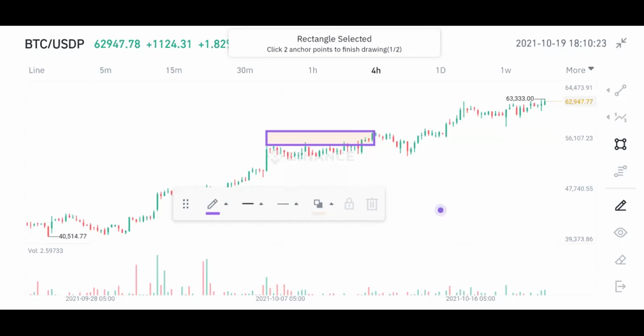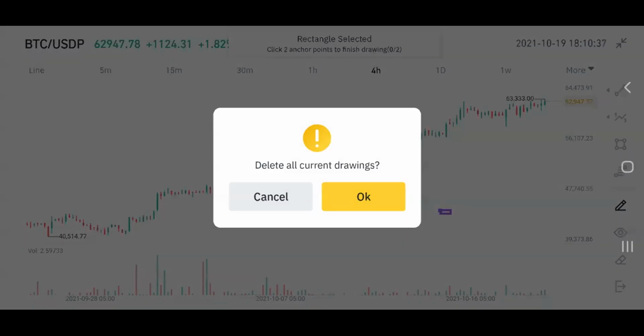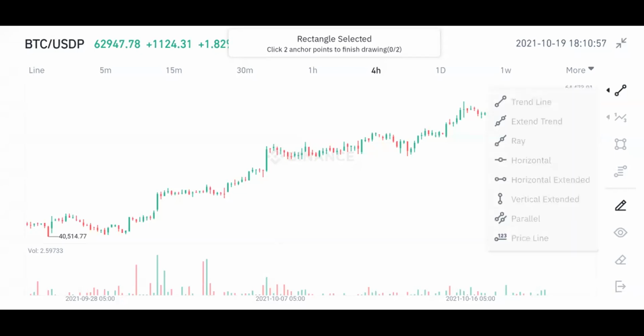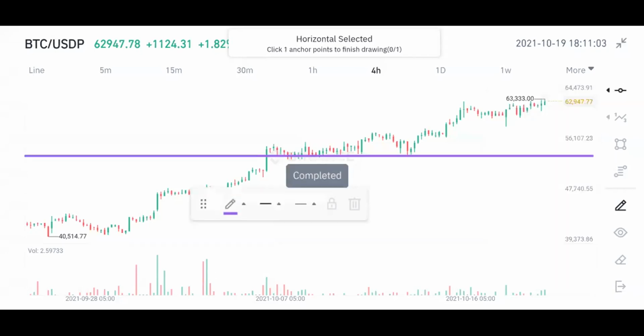So I'll delete it. Now, for me, if I want to identify the support and resistance, I can show you the trend already, or you can use your trend line. So for support and resistance, I'll click here. I'll use my horizontal line, this one. I'll click on it.